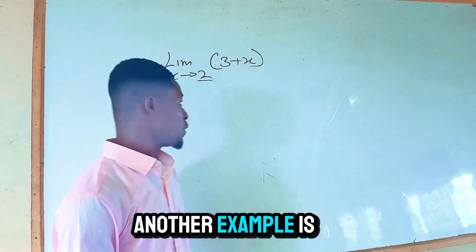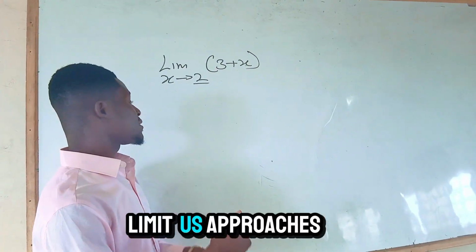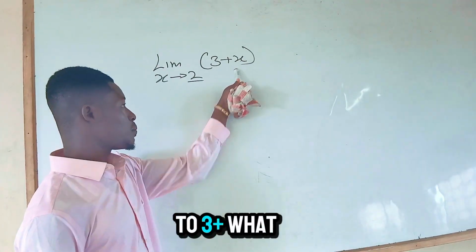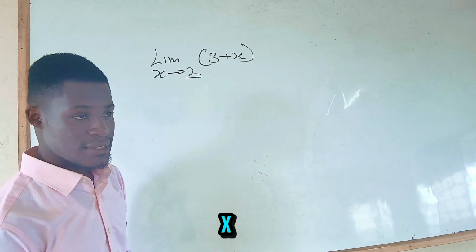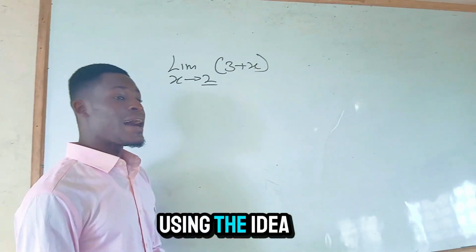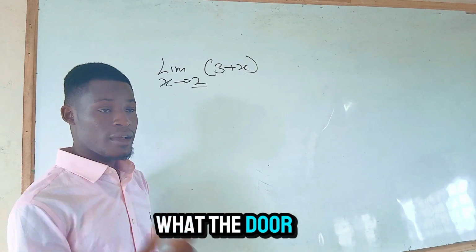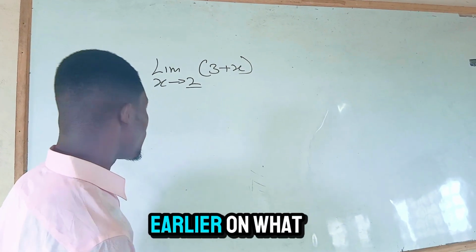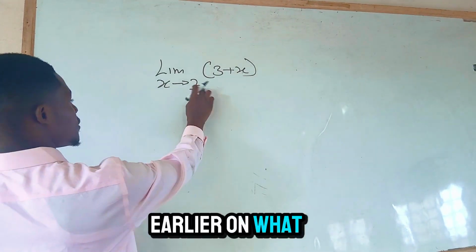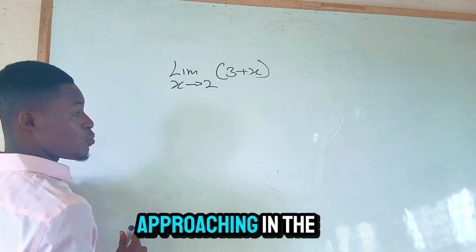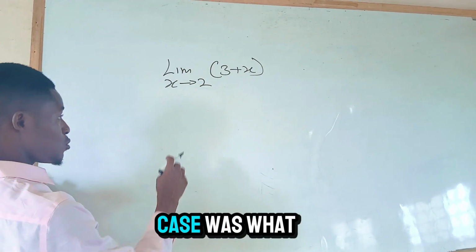Okay, another example is limit as x approaches 2 of 3 plus x. Using the analogy of the door example we did earlier, what the boy was approaching in the earlier case was the door.